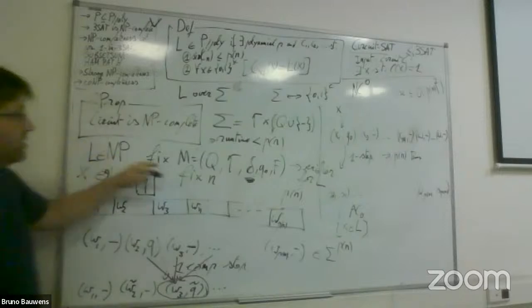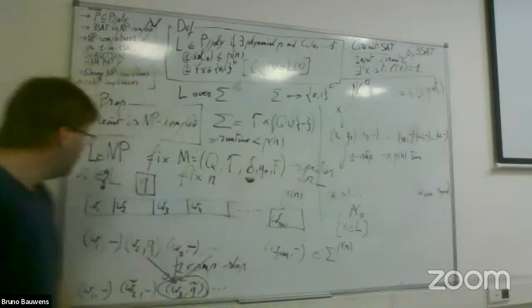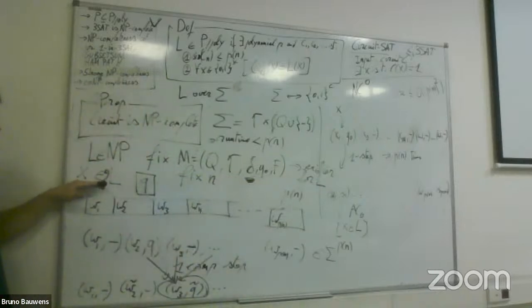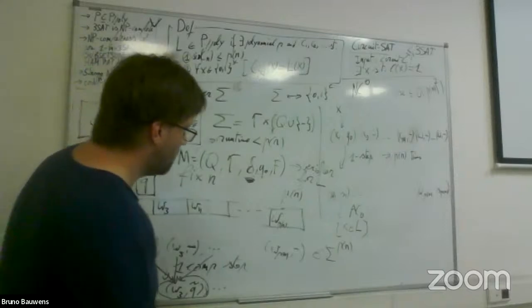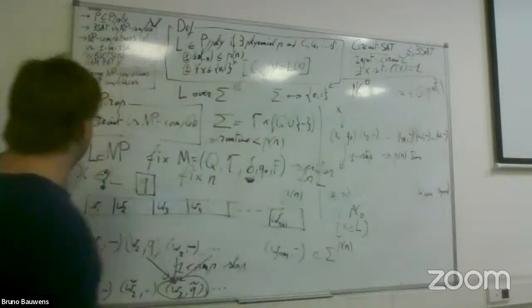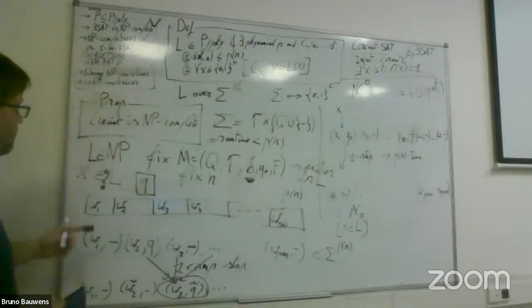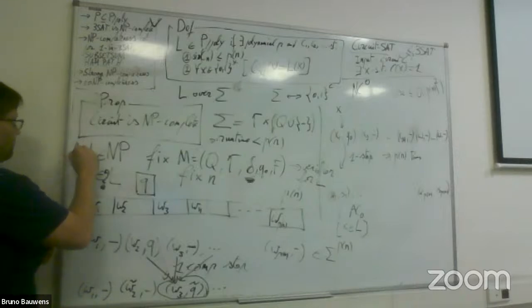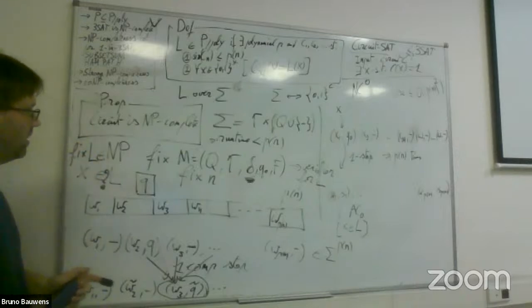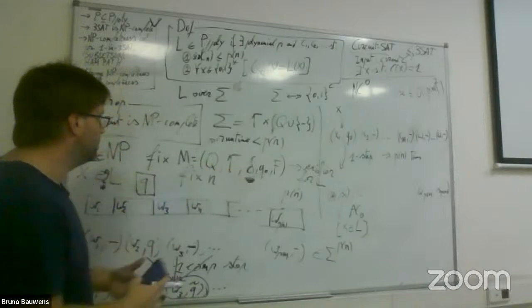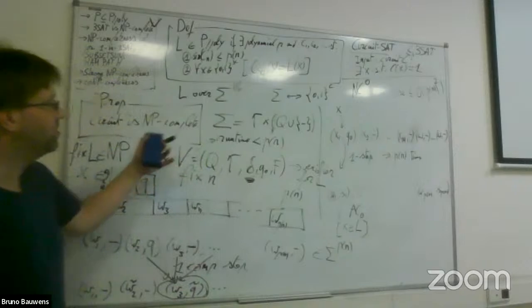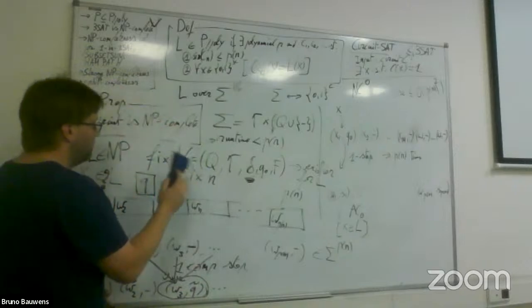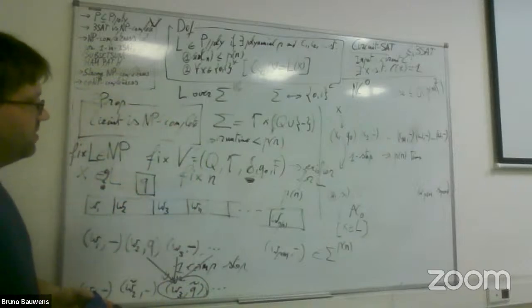So I have fixed the verifier, and now I want to know whether X is in L. And what is L again? I fixed a language in NP. So fix a language L in NP and fix a verifier for it. Okay, let's call it V. That's easier to remember. Just to be sure, let's keep the name.